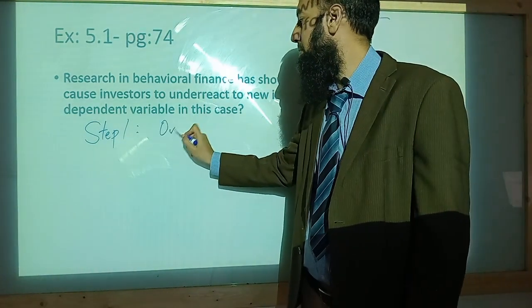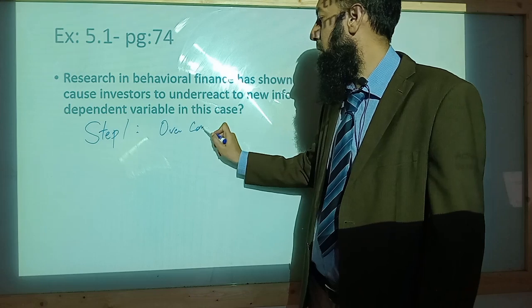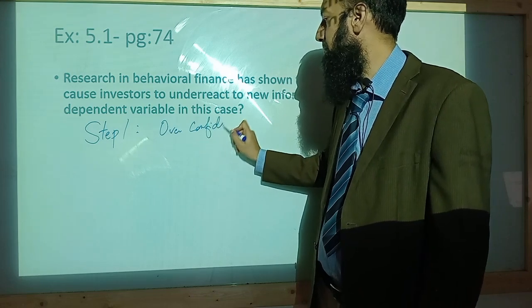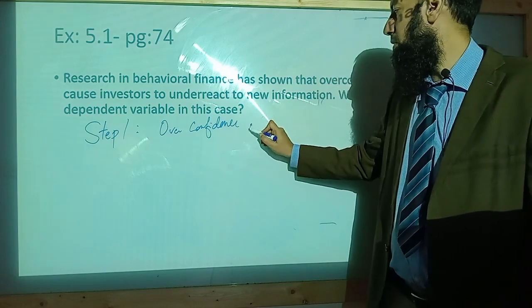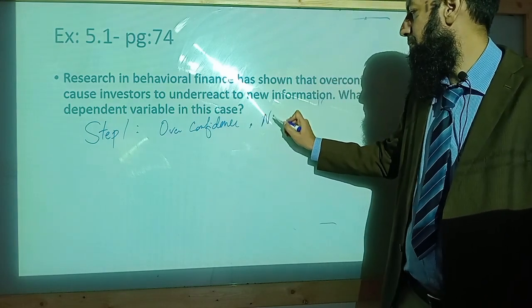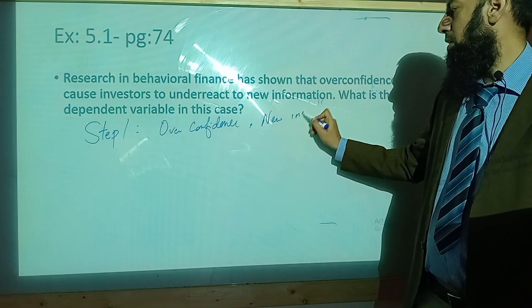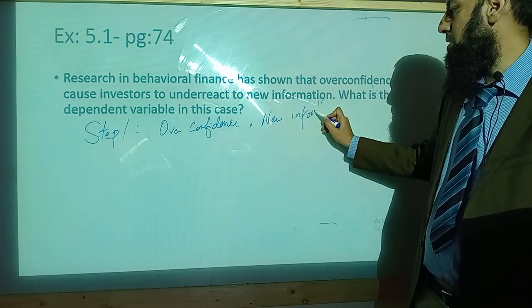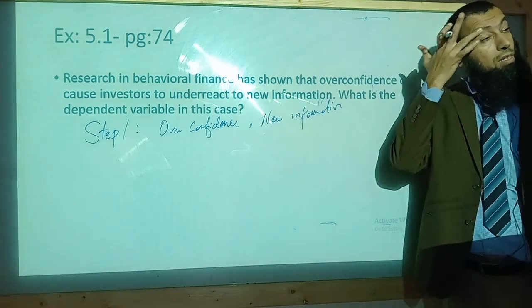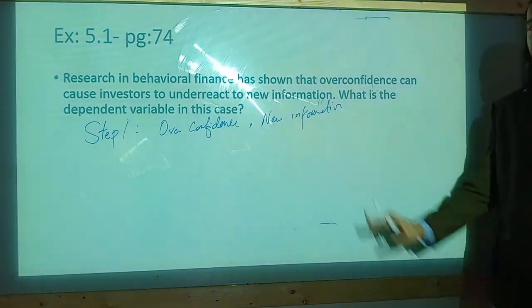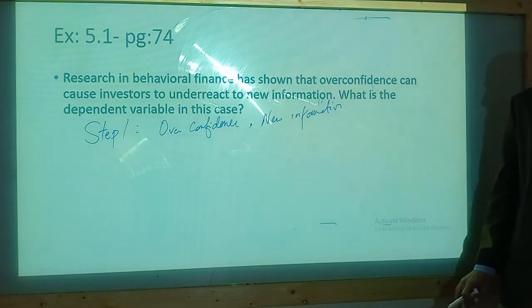Overconfidence. Second, new information. New information. No, I don't know the correct one. I am just writing whatever you are saying. I will tell you once I write it. Any other? Anyone else?